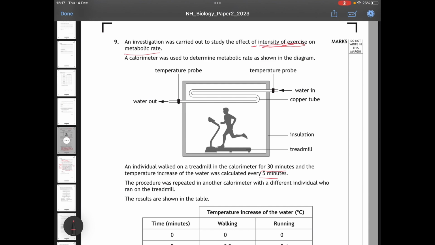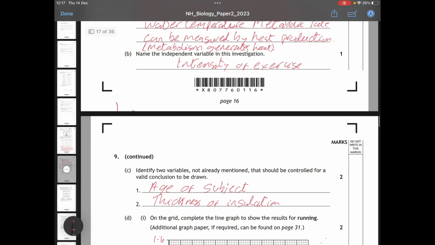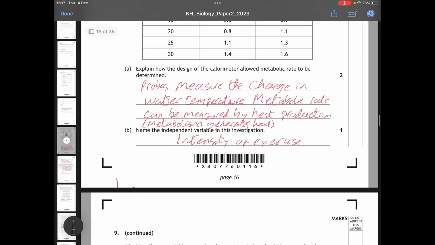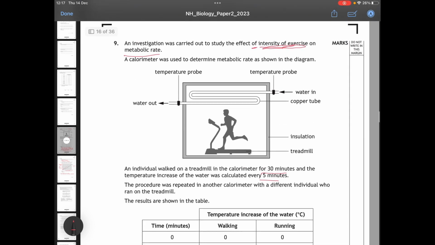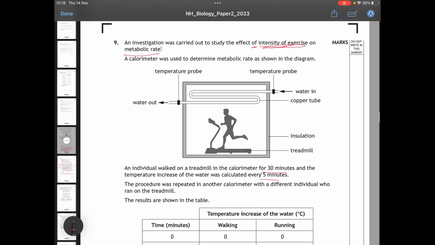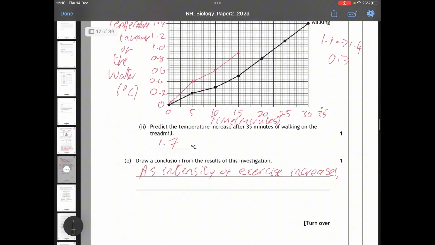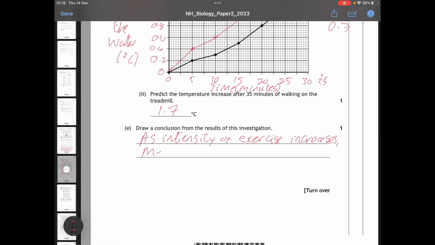We're just going to say as intensity of exercise increases, the metabolic rate, so there's our part 2 just there, metabolic rate. That's what we're looking at. So I'm going to use that in my answer.